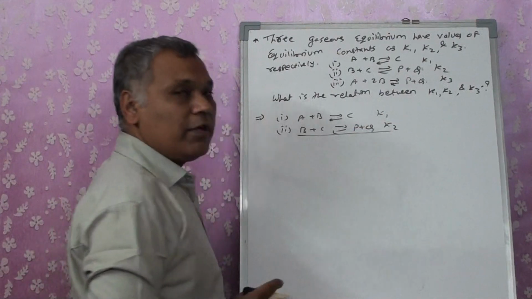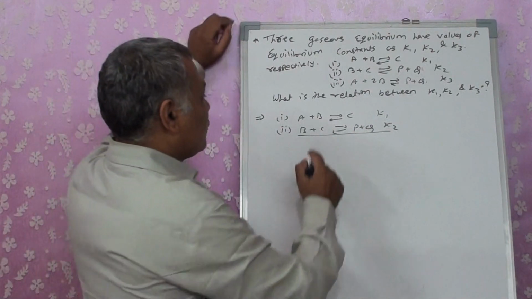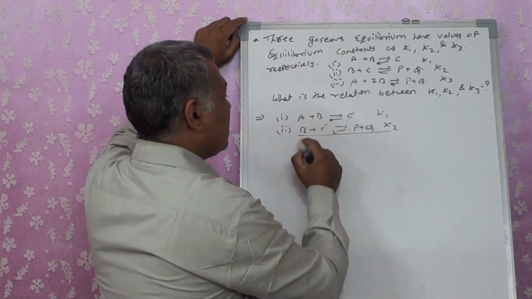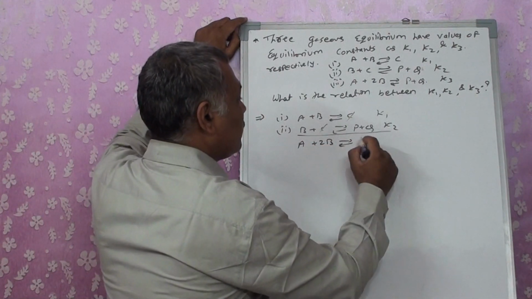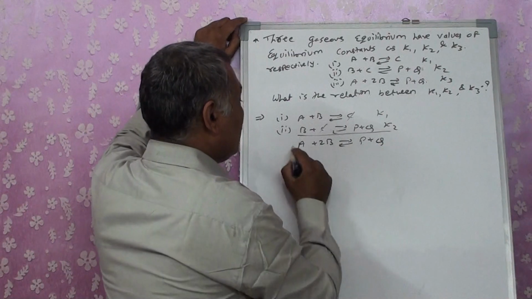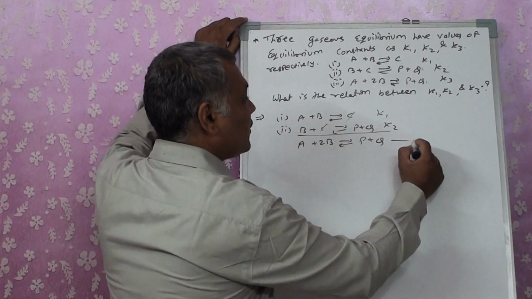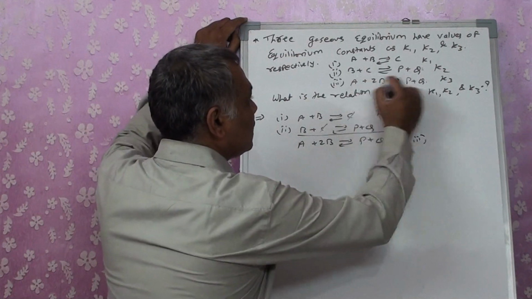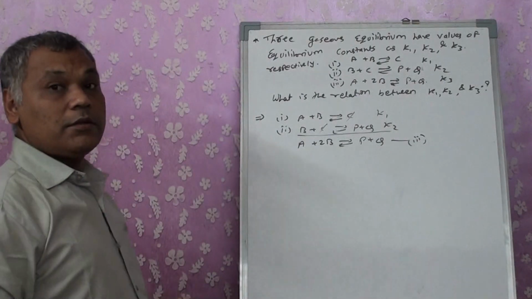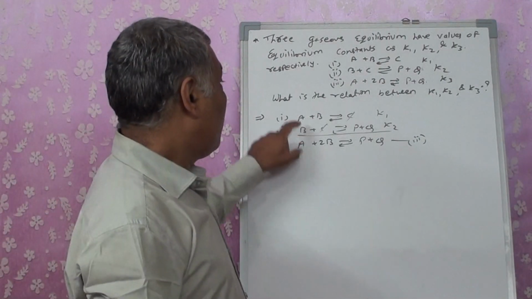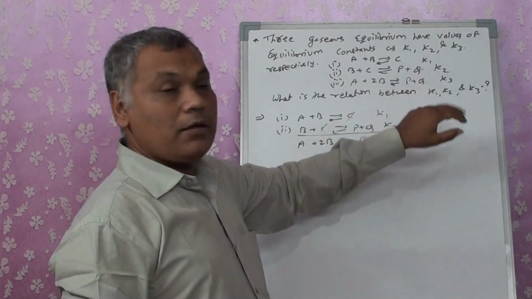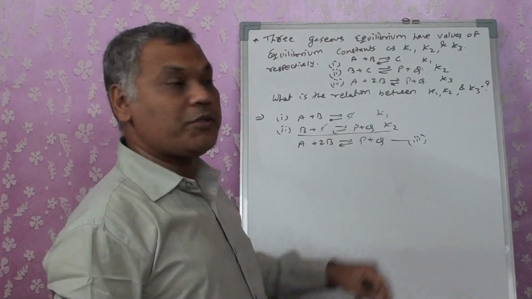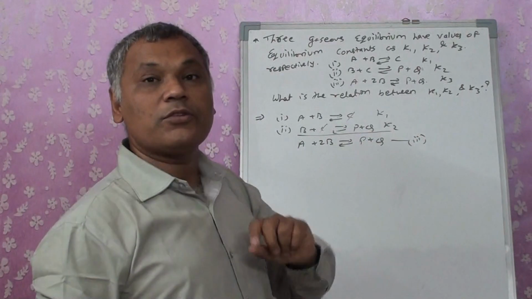See, if I go for the addition of these reactions, what does it show? That C is cancelled out. A plus 2B is converted into P plus Q. So this is nothing else but the third reaction. Addition of these two gives me the third. If I were doing thermodynamics, I would have added the heats.